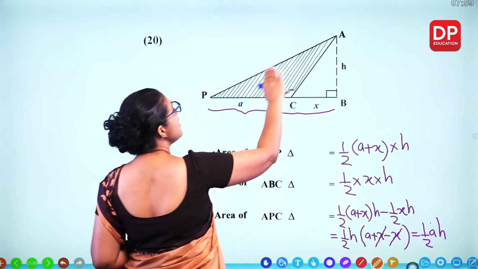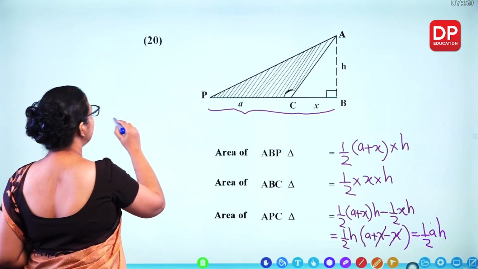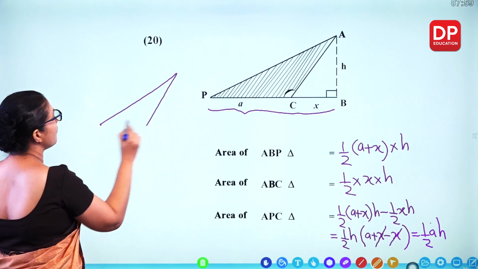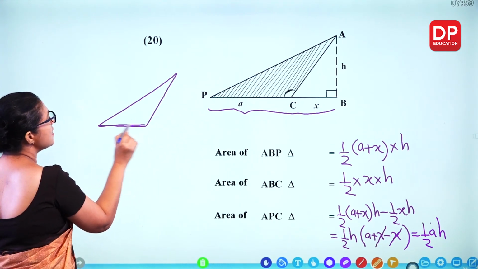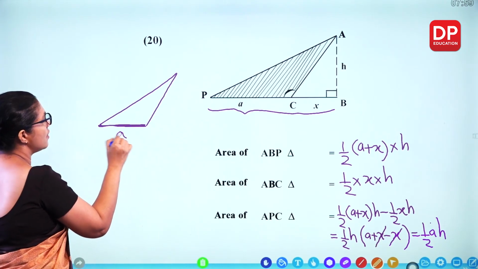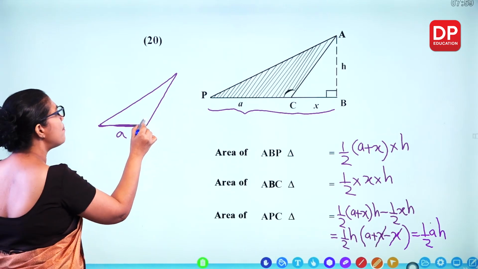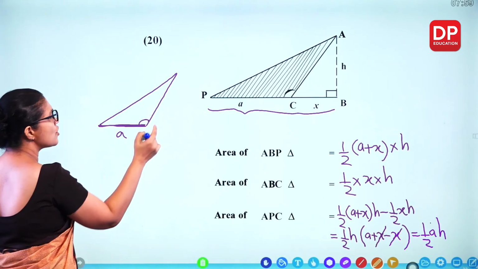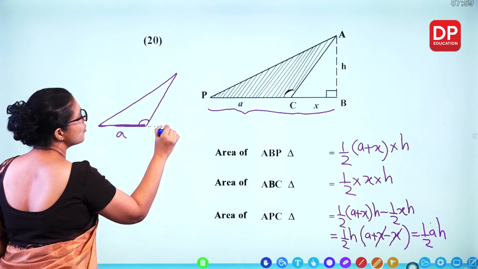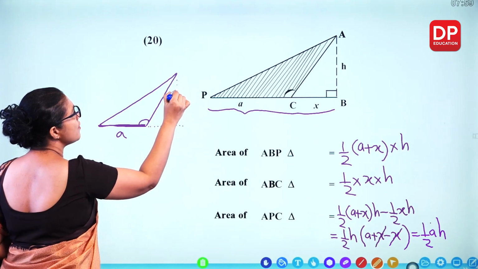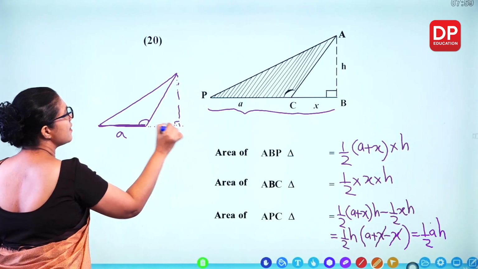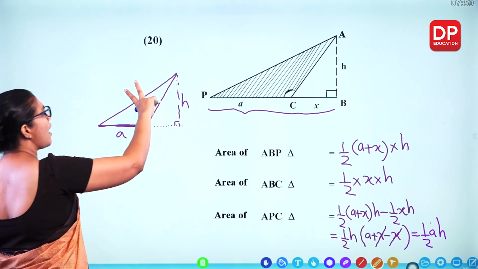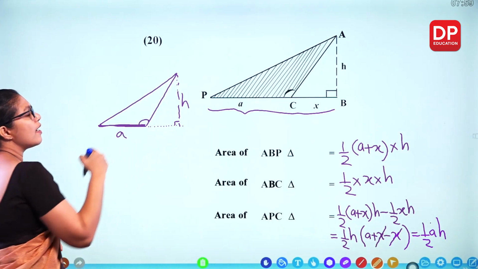When you get any obtuse angle triangle, this is the base length of that triangle and perpendicular height is h. So to draw the perpendicular height, you need to extend that and write this is the perpendicular height of this obtuse angle triangle.